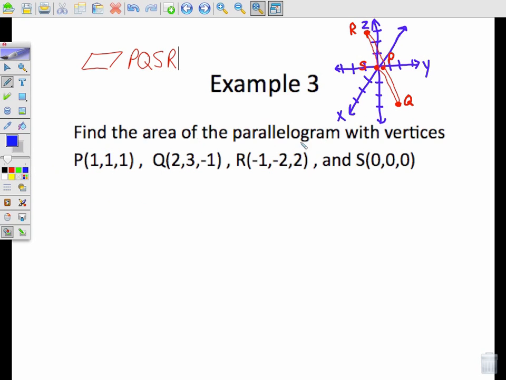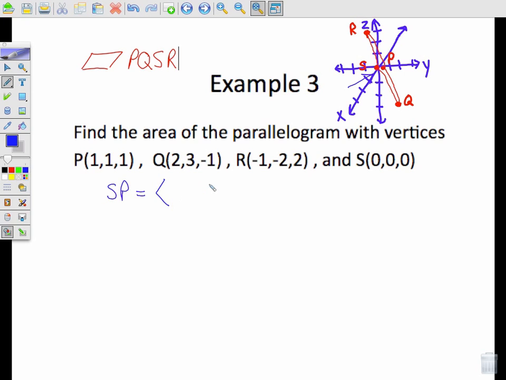With that being said, if we're wanting to find the area of the parallelogram, we need to figure out at least 2 vectors. The 2 vectors that we want to use are the ones that are adjacent to each other. And since I've got a vector here at the origin, I'm going to use the origin as the initial point for both vectors. So we're going to find vector SP.